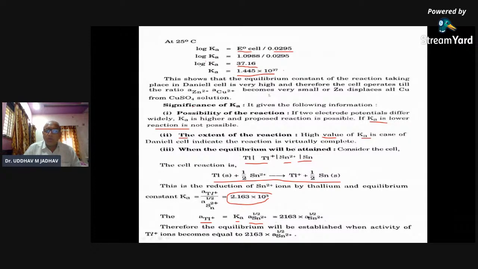Therefore, the equilibrium will be established when activity of Ti ions becomes equal to 2.163. आता हा 10⁻³ आहे, त्यामुळे मल्टिप्लाय केलं तर तो रेशो 2.163 × 10⁻³ आहे. आणि मग ही रिॲक्शन पूर्णत्वाला न्यायची असेल तर Ti ची व्हॅल्यू, ऍक्टिव्हिटी किंवा कॉन्सन्ट्रेशन किती पाहिजे हे सुद्धा आपल्याला कॅल्क्युलेट करता येतं.